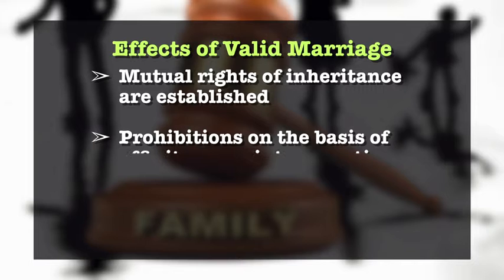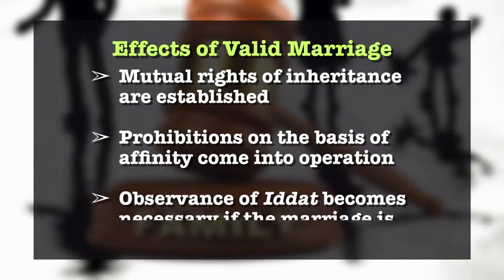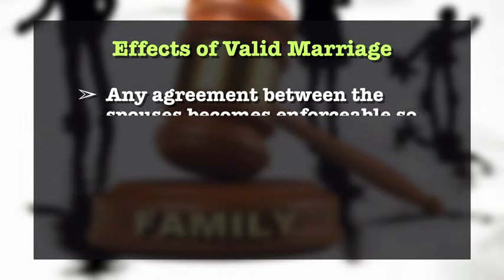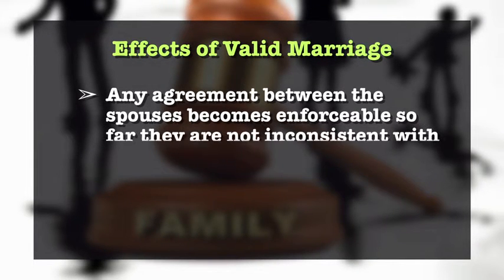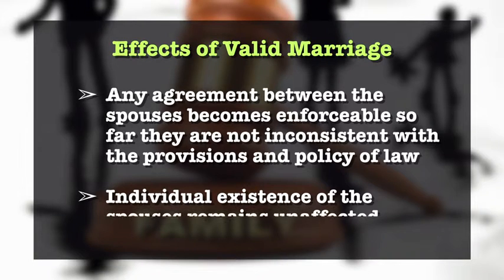Number 7, the prohibitions on the basis of affinity come into operation. Number 8, observance of iddat becomes necessary if the marriage is dissolved by death or divorce. Number 9, any agreement between the spouses becomes enforceable so far as they are not inconsistent with the provisions and policy of law. Number 10, individual existence of the spouses remains unaffected.